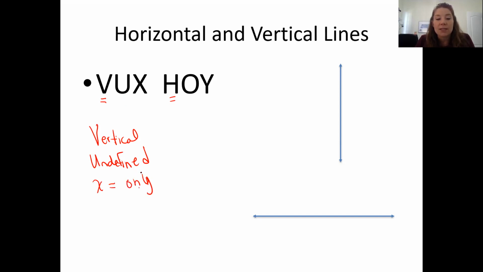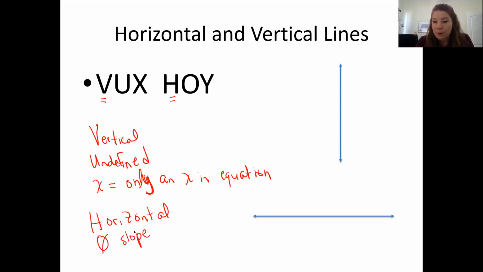And the X means that there's only an X in the equation. Only an X in the equation. That's what VUX means. If you only have an X in the equation, you're going to have a vertical line. HOY means you have a horizontal line. You're going to talk about slope later, but that means you have a zero slope.